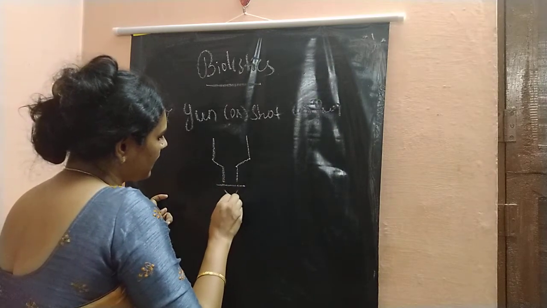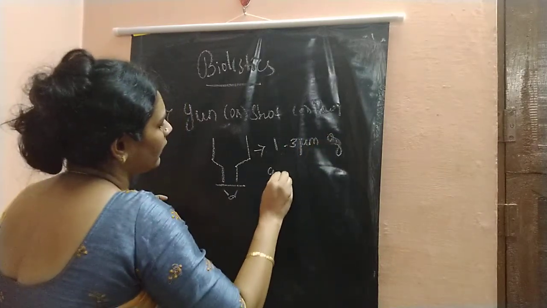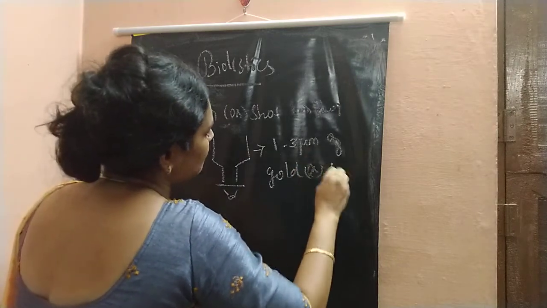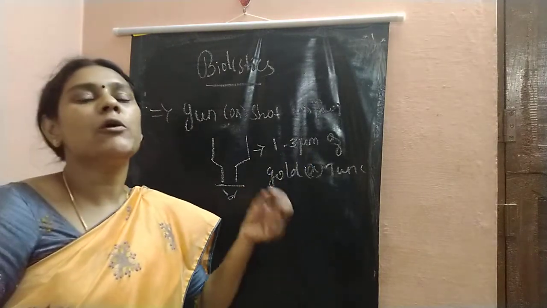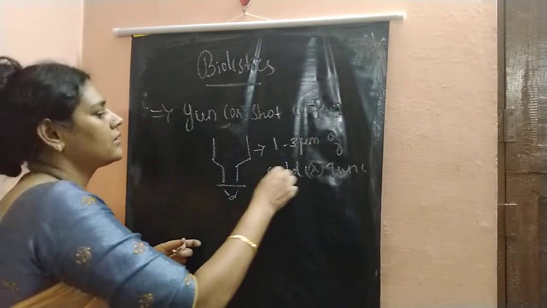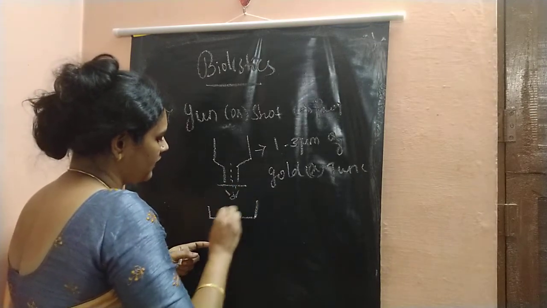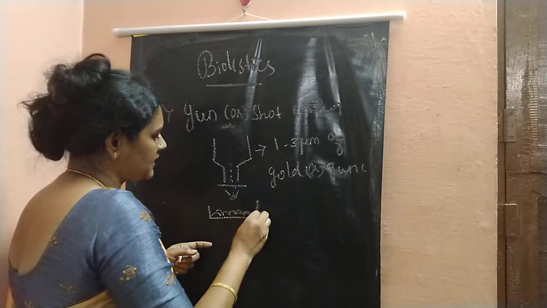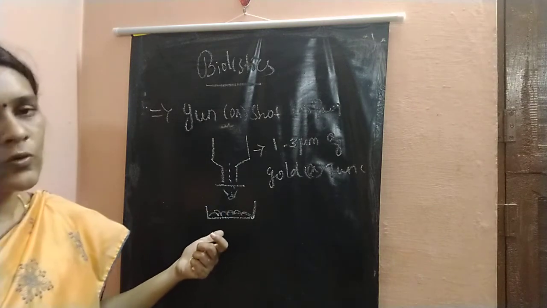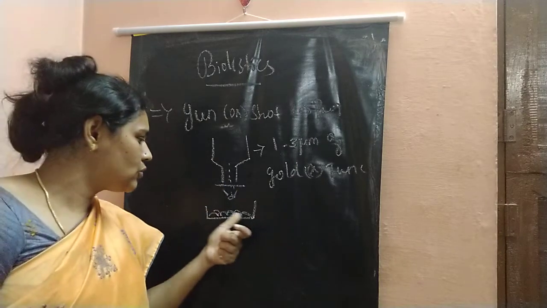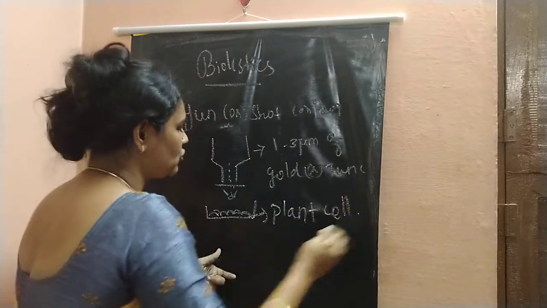Here they use gold or tungsten particles of 1 to 3 micrometers in size. They coat the DNA on these particles, and the gold particles are shot through a plate with a hole. Our target tissue or plant cells, whichever cells or tissue we want to insert our gene into, are kept here.